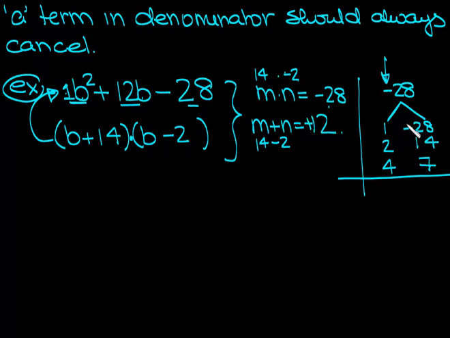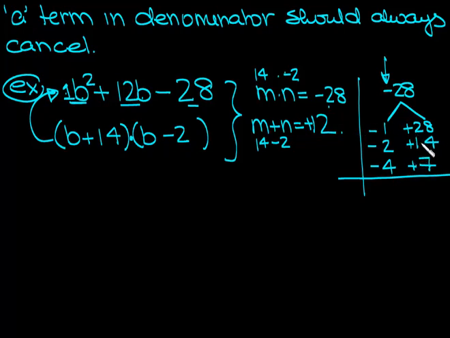That tells me that the larger one should be positive and the smaller one should be negative. That's because when I multiply I'm going to get a negative, which is good. But also when I add, I want to get a positive number. So I want the bigger number to be positive, because when you take a bigger positive number and add a smaller negative number, the result is positive, which is what I want.